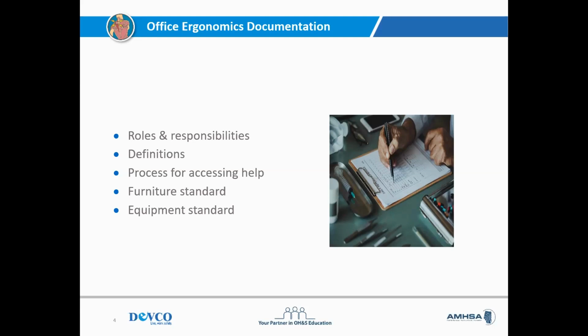Now, the last two items that I've got listed here, furniture standards and equipment standards, are certainly helpful to an office ergonomics program, but they are more common as the program becomes bigger or as the program becomes more mature.